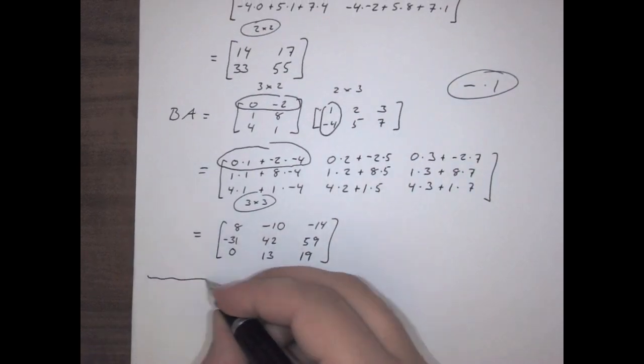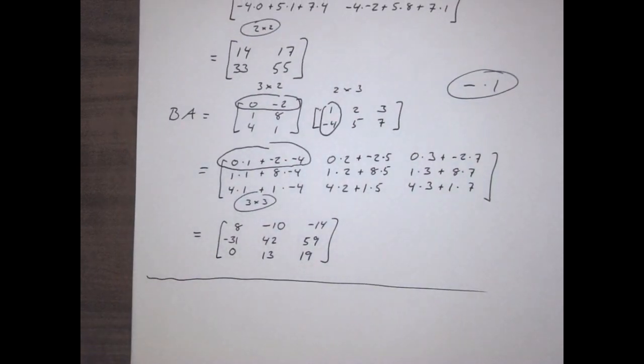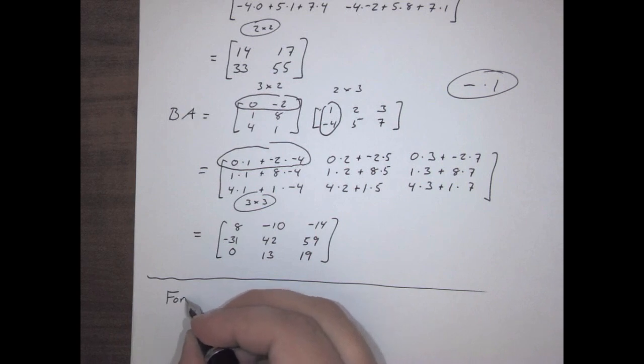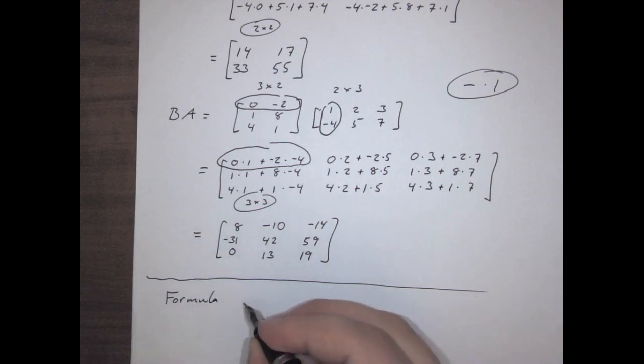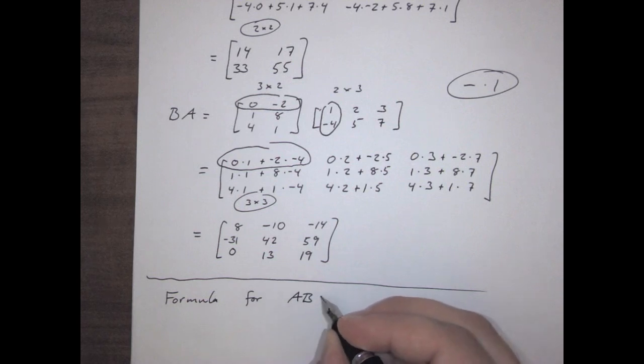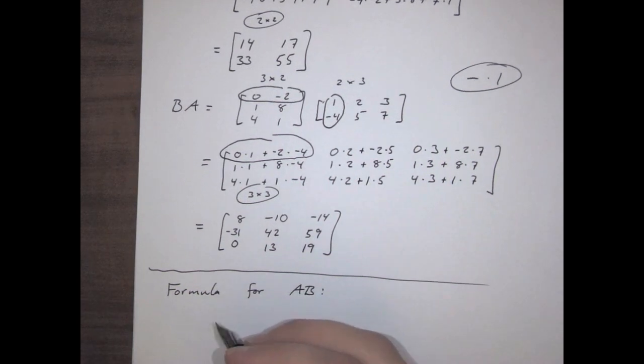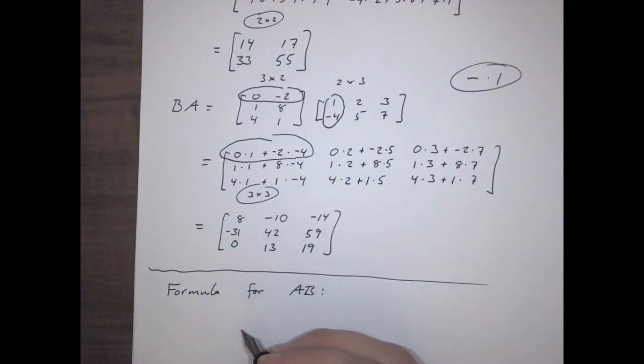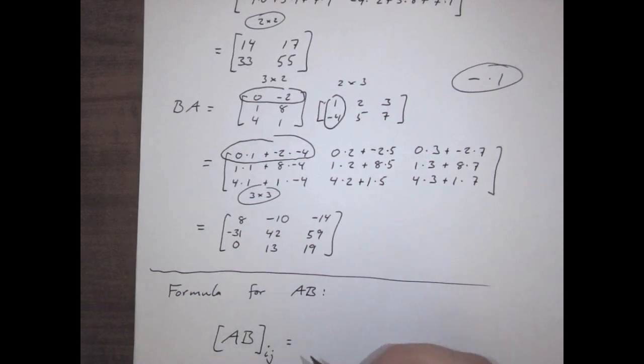So if we wanted to write out the actual formula for the product of matrices, we could do it as follows. So, formula for AB. So if we think about what the entries of the product will be, we can go entry by entry. In other words, just say IJ of the product.